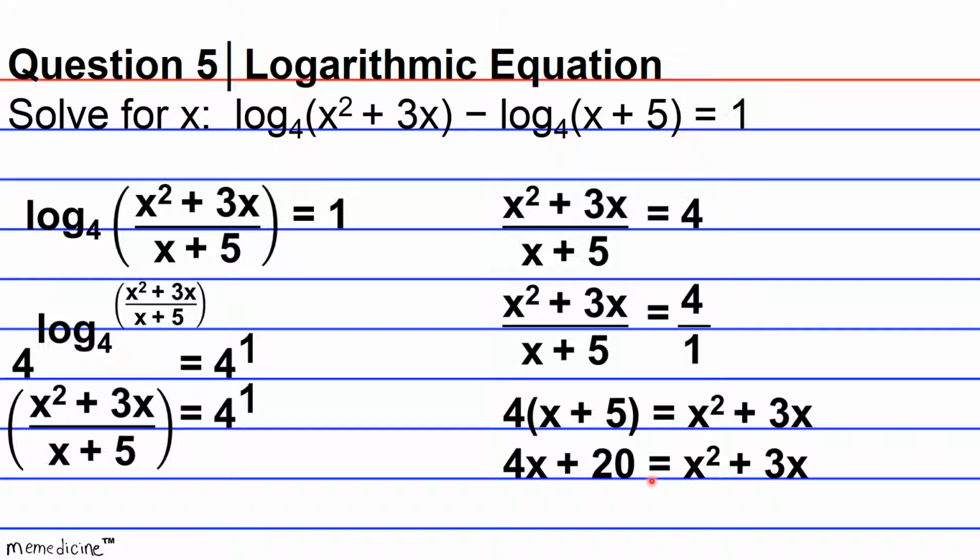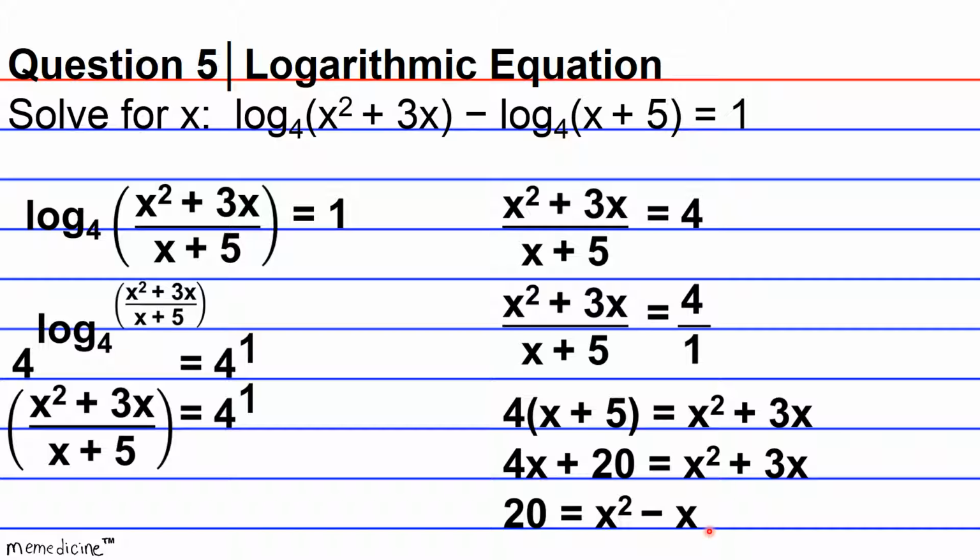Now obviously what we have on our hands is a second degree polynomial, and we're going to write everything in standard form. I combined the x terms by subtracting 3x from both sides of the equation, and then brought it over to the right-hand side in an attempt to reach standard form.